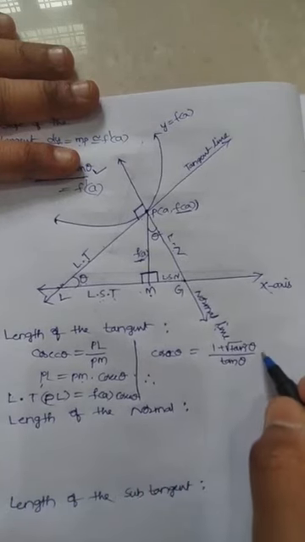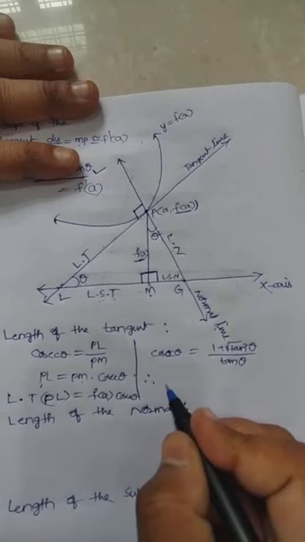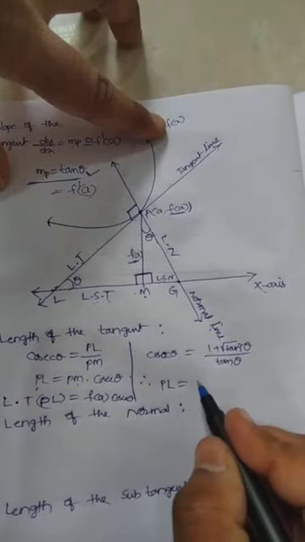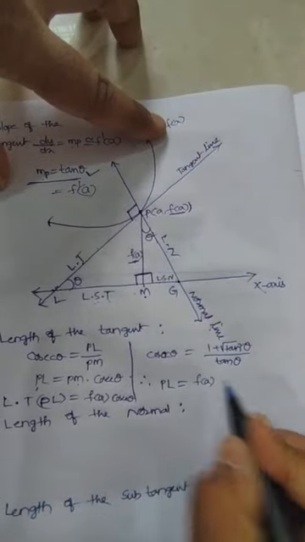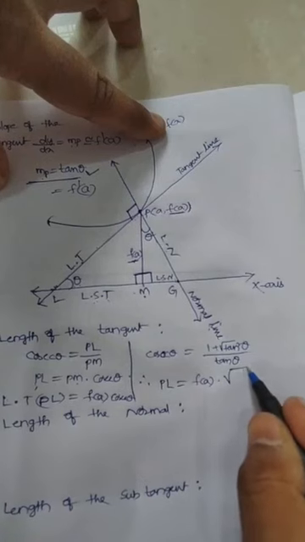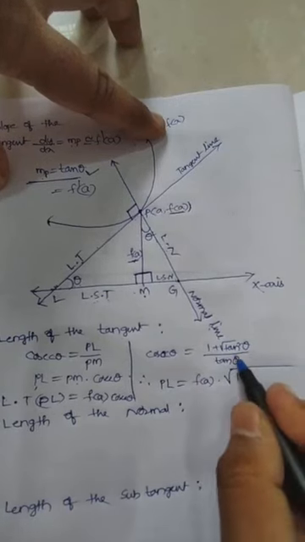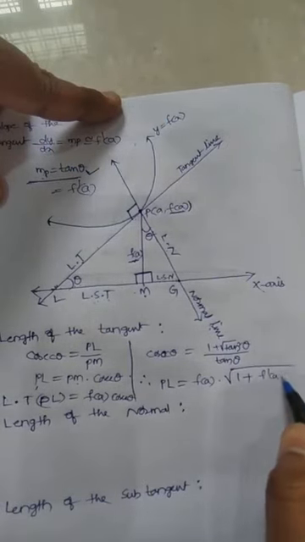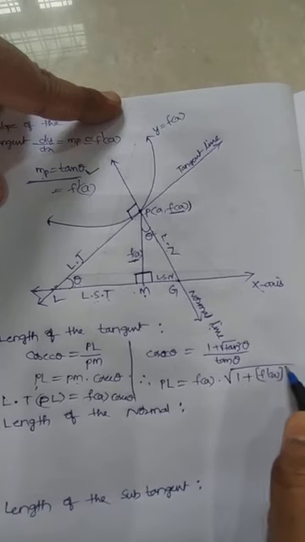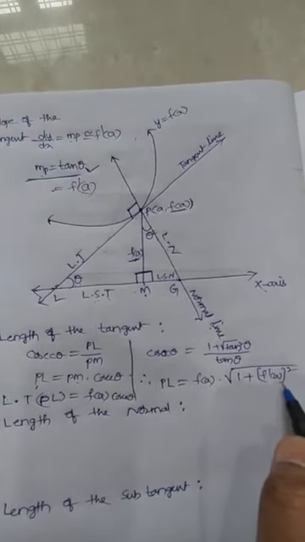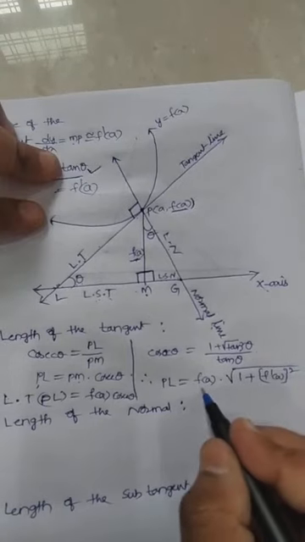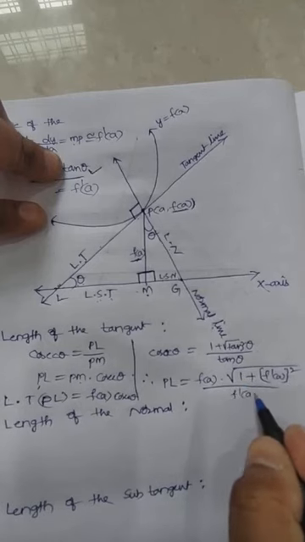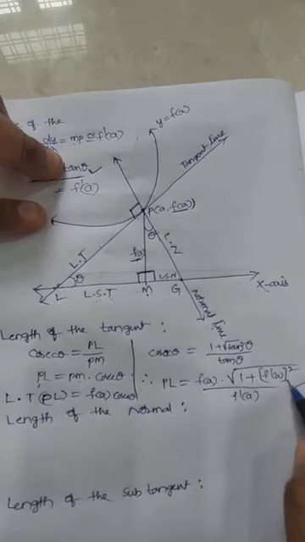Therefore PL bar is equal to f of a into under root of 1 plus f dash of a squared, divided by f dash of a. So this is the formula to find out the length of the tangent.